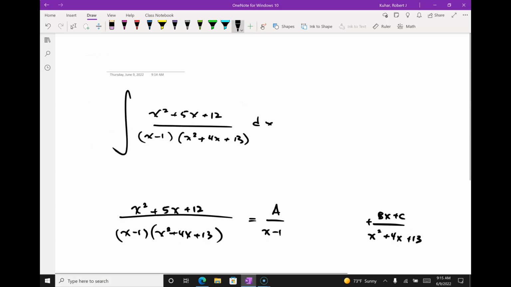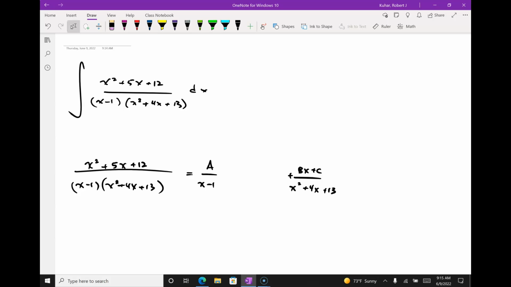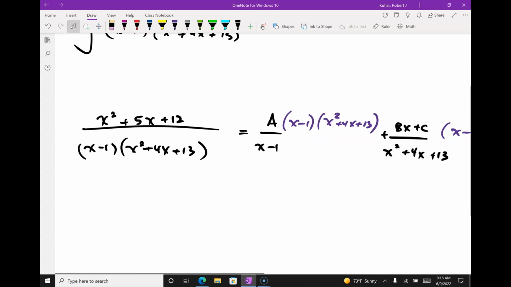And I've spaced it out on purpose because I know I'm going to multiply by my LCD, right? For my favorite part, the canceling.